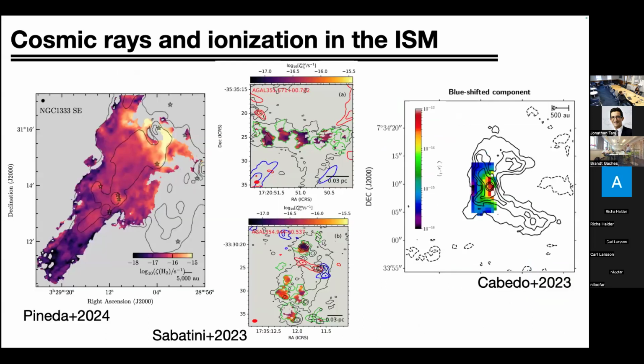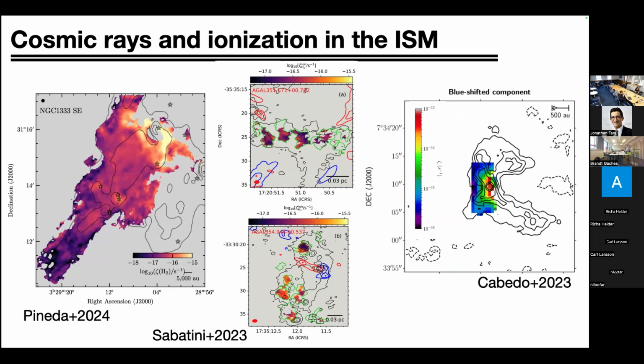Now, in fact, it's gotten good enough that we can actually make maps of the ionization rates. This is just from the past year alone, from Jaime Pineda, Giovanni Sabatini, and Victoria, of the ionization rate within regions.